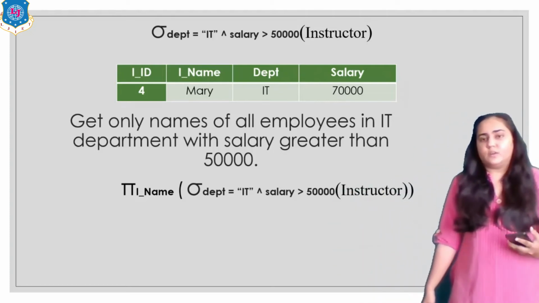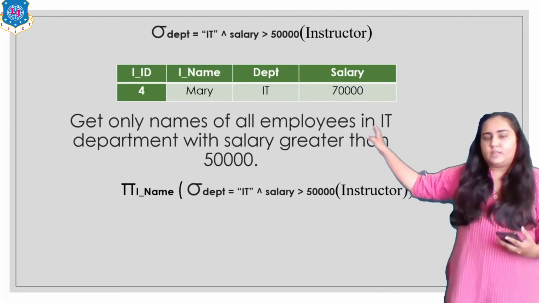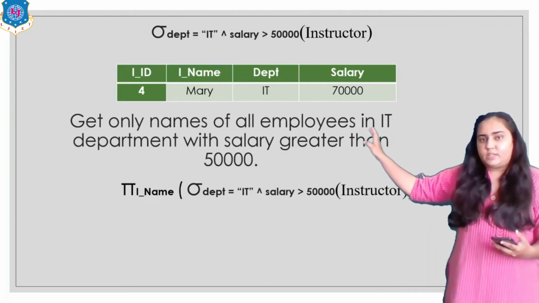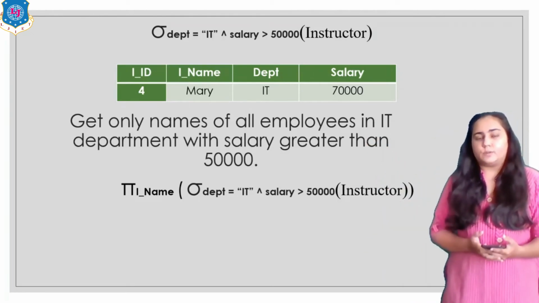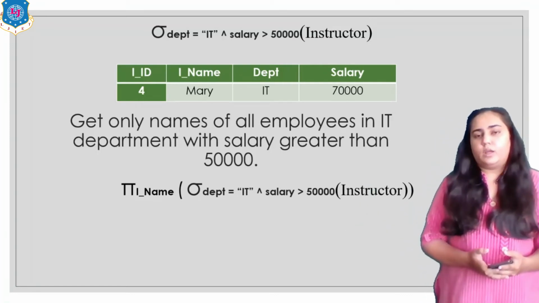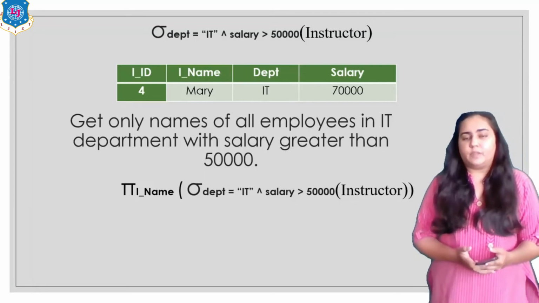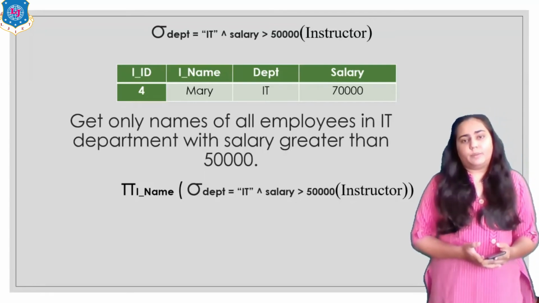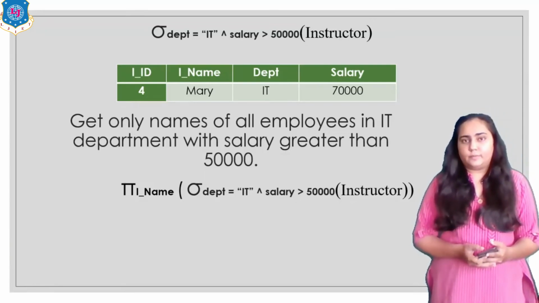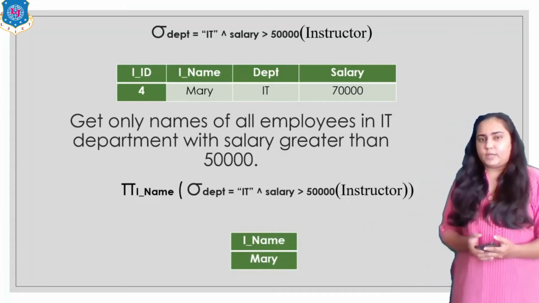The pi is not actually working on instructor. It is working on this table right here that you are passing as an input. So this query that you see is a query for fetching only names of instructors for which we have used the pi operation. And the pi here stands for project. So as a result of this, this is what you get.